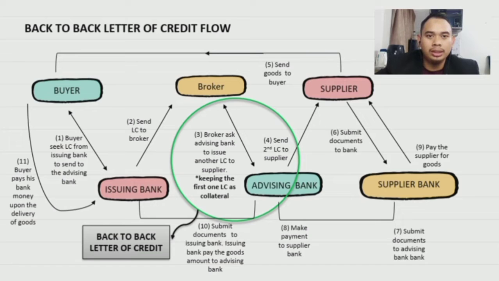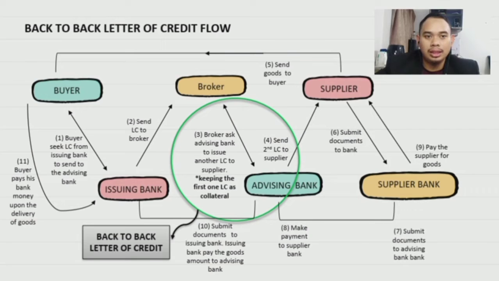This letter of credit is known as the principal or master letter of credit. For the next step, the broker asks his bank to issue another letter of credit to the supplier, and they keep the first letter of credit as collateral.